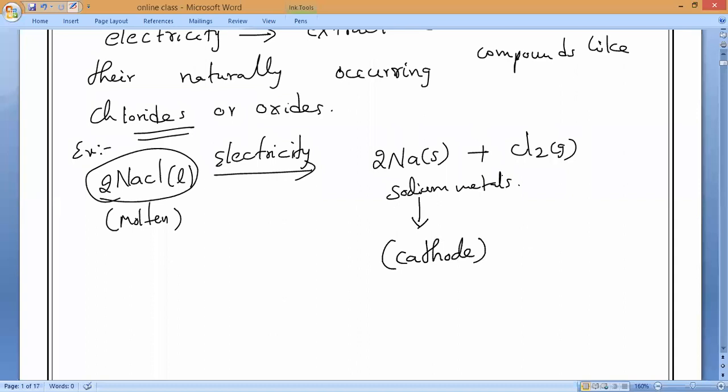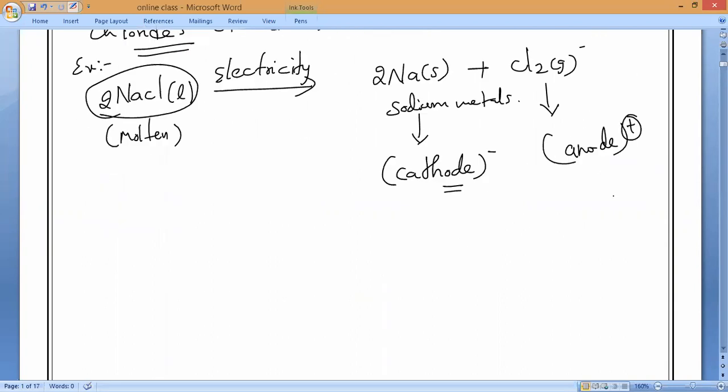In the same way, chlorine gas is produced at the anode, because these are negative ions. The anode is positive, so they will come there. That is what you have to remember.